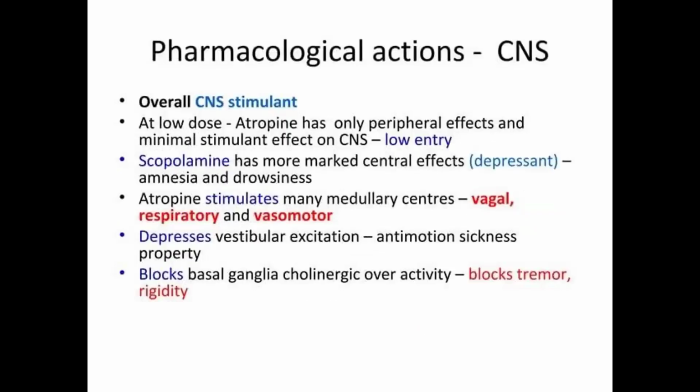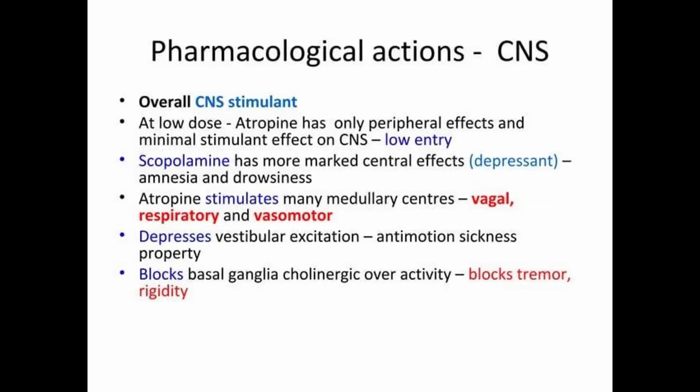Now, pharmacological actions. Overall, atropine is a CNS stimulant. At low doses, it has only peripheral effects because it does not cross the blood-brain barrier at low doses. It has minimum stimulant effect on the CNS. But scopolamine has a central depressant effect. It causes amnesia, drowsiness.